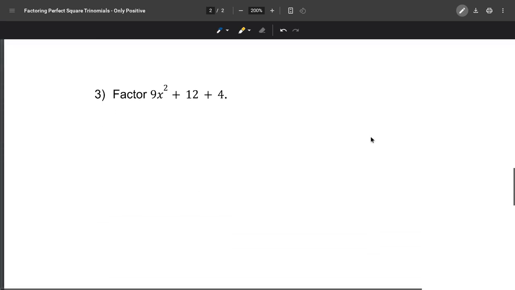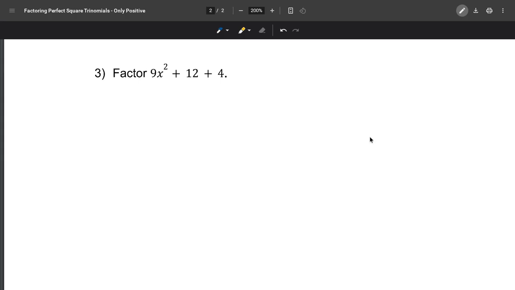All right, problem 3. We're factoring 9x squared plus, this should be a 12x, that's a typo on my part, plus 12x plus 4. Okay, so 9x squared plus 12x plus 4. All right, so we want to check, is this a perfect square trinomial? So again, a squared is going to be our first term.